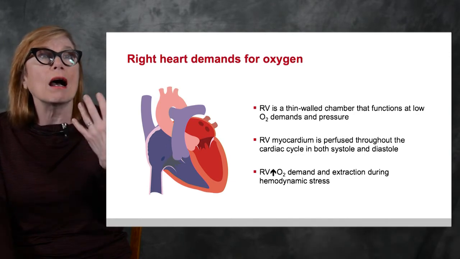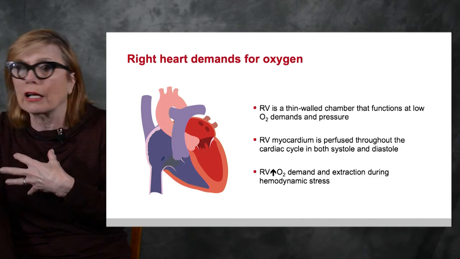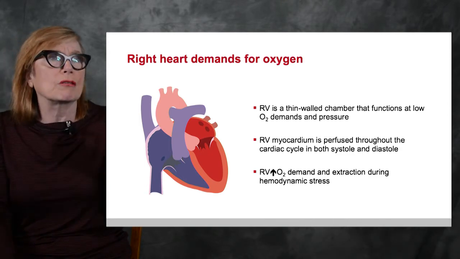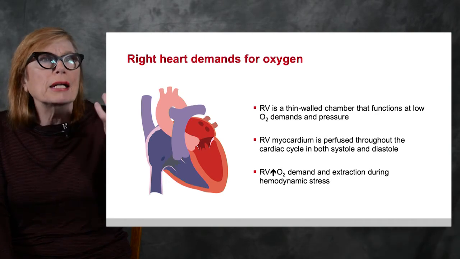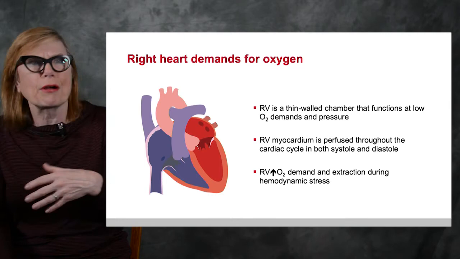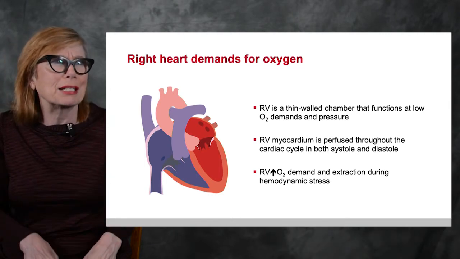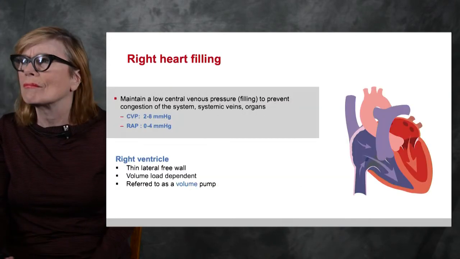And RV oxygen demand and extraction, the utilization of myocardial oxygen, is higher whenever there is hemodynamic stress, but because the muscle wall is less dense and less hypercontractile, it's somewhat limited in terms of oxygen requirements in hemodynamic stress.